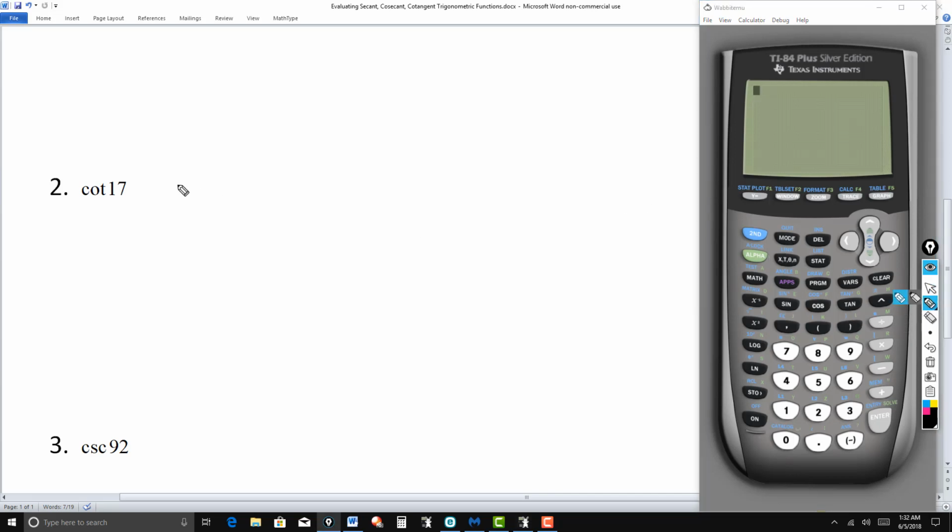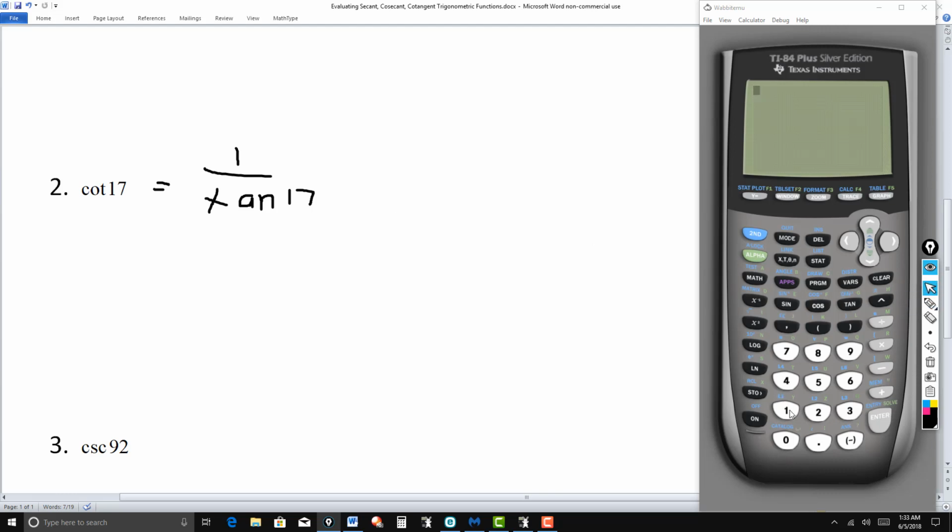Again, using your identities here, I know cotangent of any angle is 1 over the tangent. So this should be the same thing as 1 over the tangent of 17 radians.